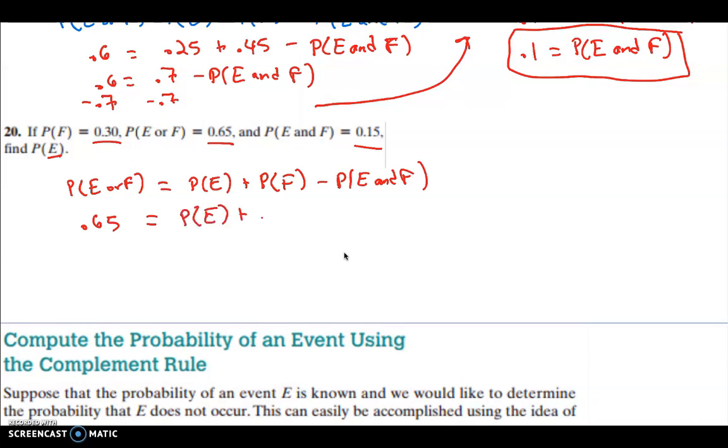Plus the probability of F is 0.3. And then minus what they have in common, E and F. So then you'll do 0.65 equals the probability of E plus, when I combine 0.3 and 0.15 by subtracting, I get 0.15. So then I'm going to subtract 0.15 from both sides of my equation. And this will give me 0.50 equals the probability of E.